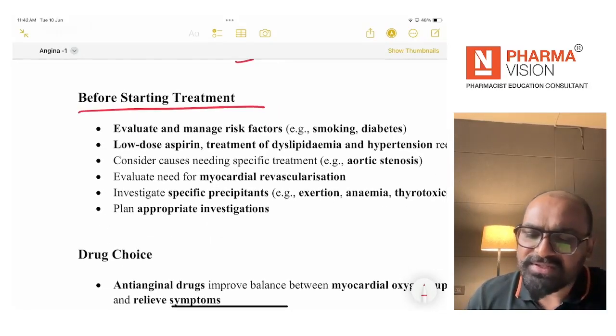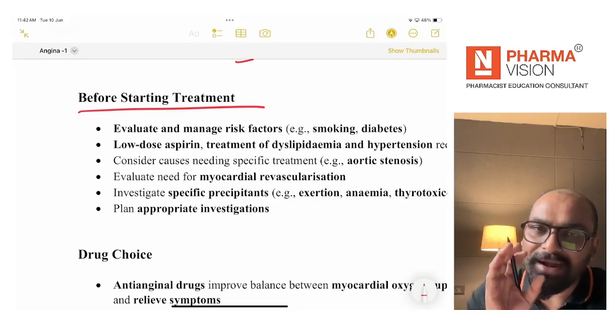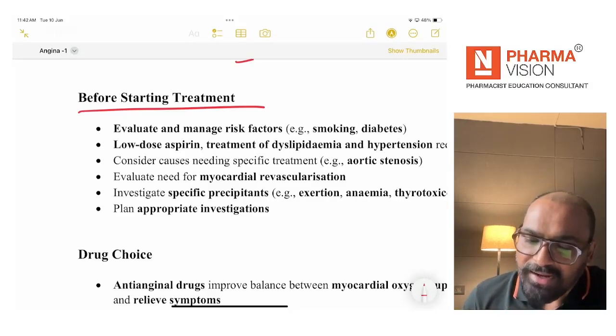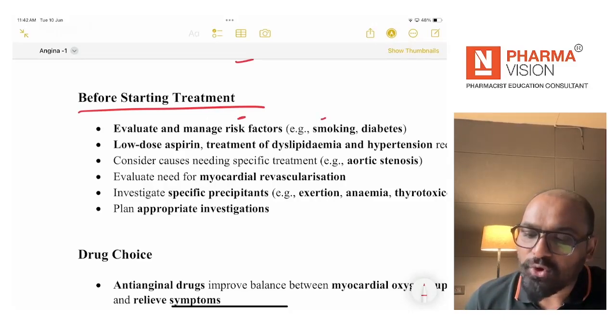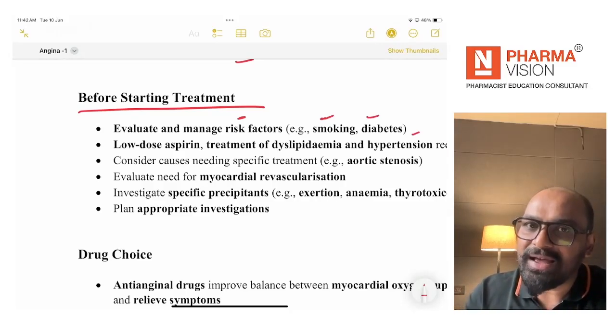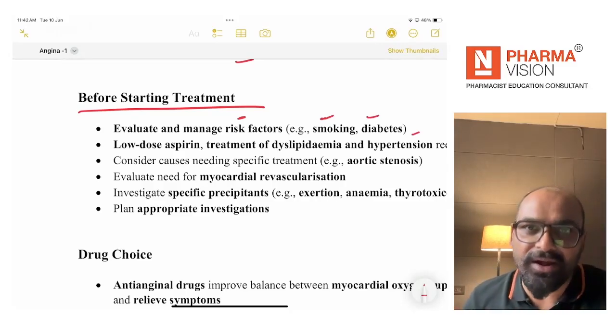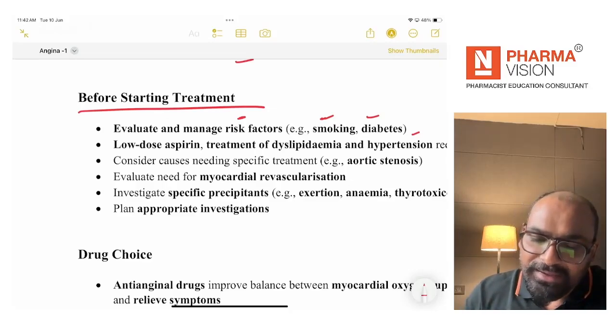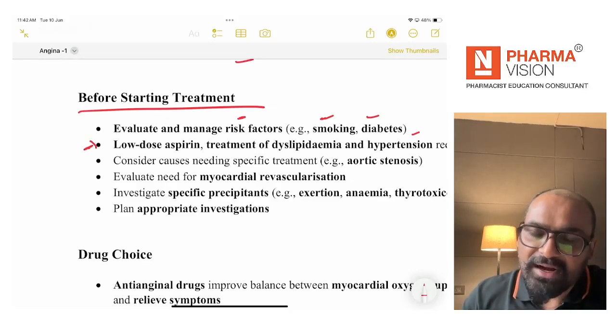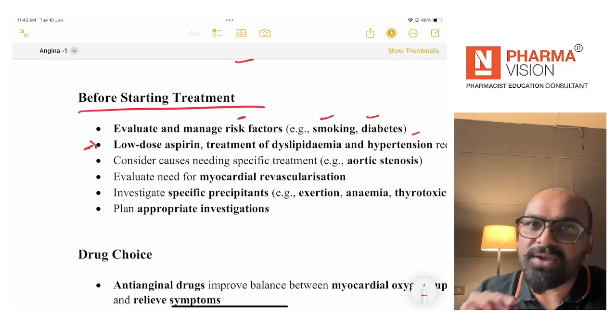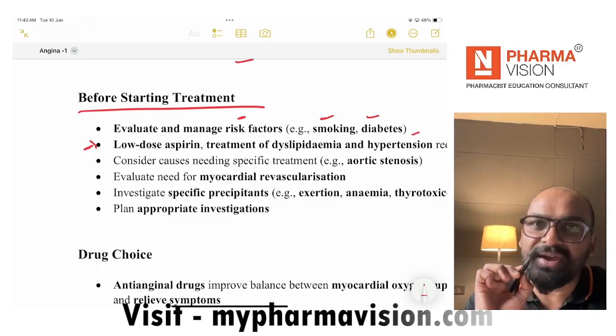Before we start management of angina, we have to understand the risk factors associated with it. That means the patient is obese, smoking, diabetes, hypertension, or any other conditions that eventually cause cardiovascular problems. Another important thing is that for cardiovascular events there are three most important elements that we have to treat.